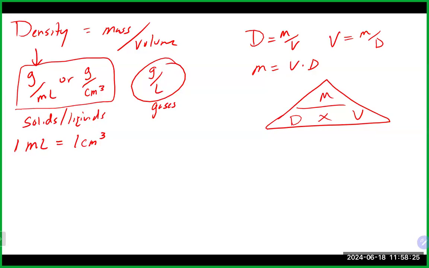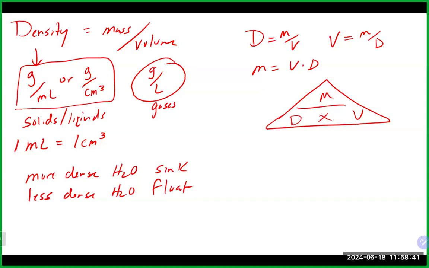So when we talk about density, if something is more dense than water, for example, it will sink in water. And if it's less dense than water, it will float. Typically speaking, if you need the value of the density of liquid water, it is usually 1 gram per milliliter.